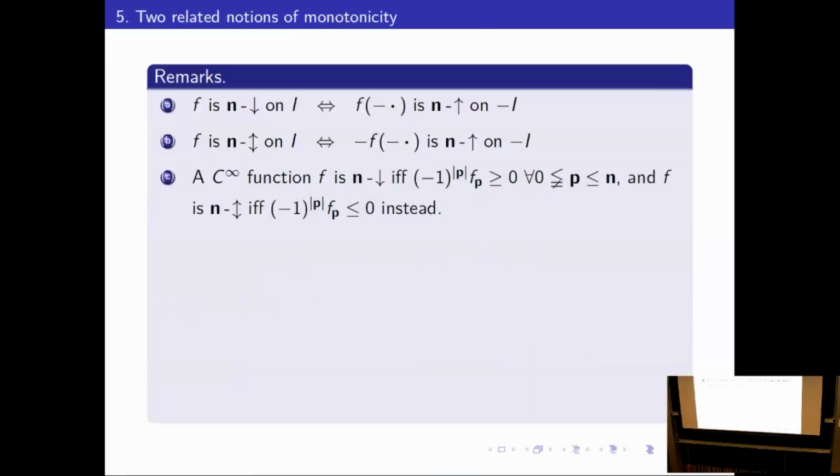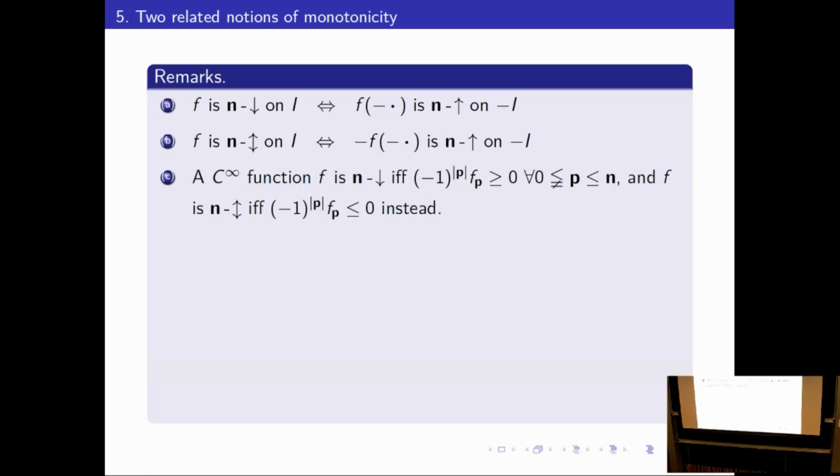And then these remarks are simple but very, very useful. F is n-decreasing on I if and only if f of minus is n-increasing on minus I. And f is n-alternating on I if and only if minus f of minus is n-increasing on minus I.